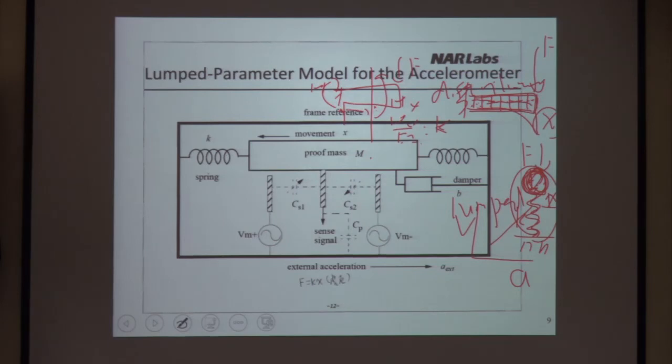Then this is y second differentiation. So you can solve this differential equation and get y as a function of F. So if you do F divided by y, you can get the K value. Then you can use this K value in the lumped parameter model.